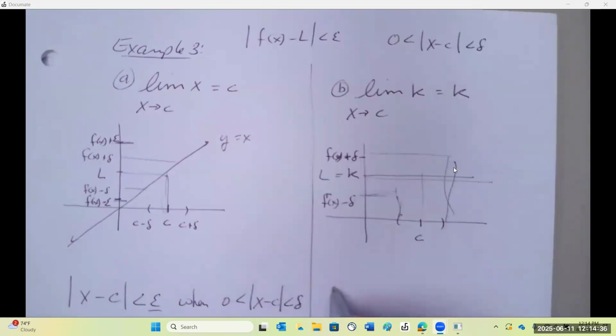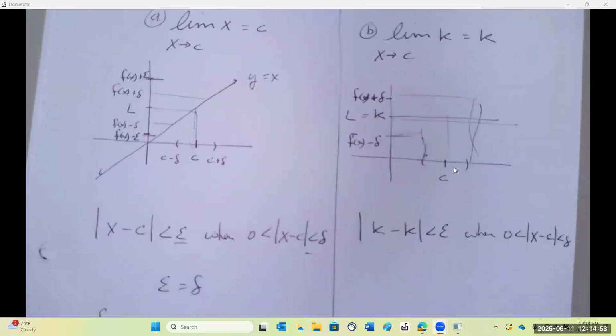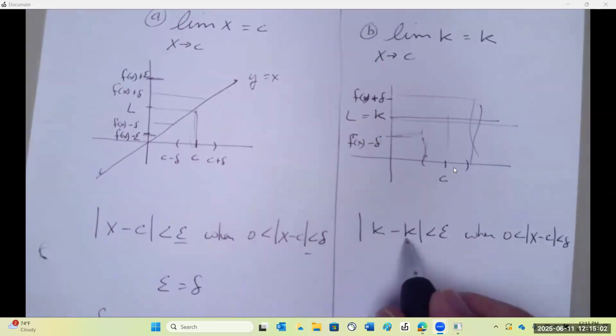So let's see what happens. We have |f(x) − L|, which is |k − k|, less than epsilon when 0 < |x − c| is less than delta. k minus k is 0.